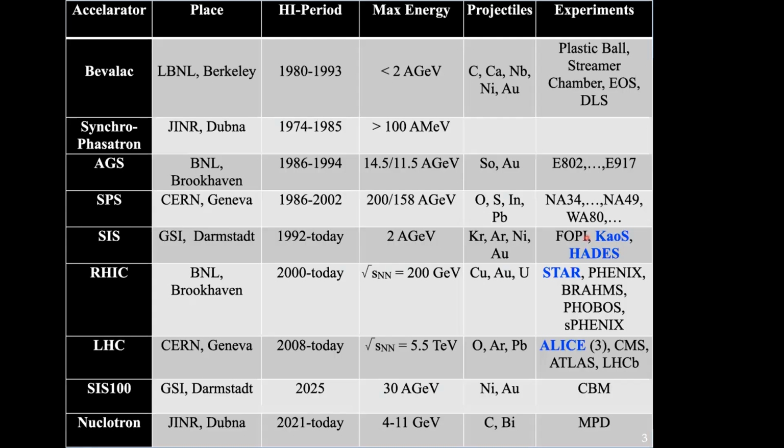In this table, I summarized the historical evolution of the various facilities and experiments in heavy ion physics for the past 40 years. Starting with Bevalac at Lawrence Berkeley National Lab, going to the Synchrophasotron at Dubna, AGS at Brookhaven, then SPS at Geneva, SIS in Darmstadt, then the Relativistic Heavy Ion Collider at Brookhaven National Lab, the Large Hadron Collider at CERN, SIS100 at GSI Darmstadt, and now also the Nuclotron in Dubna.